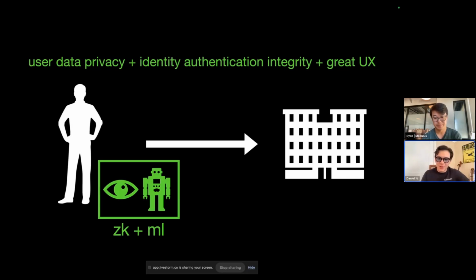So winners all around. This is a win for user data privacy. It's a win for ensuring a really high degree of integrity for Worldcoin in authenticating identity. And finally, it's great UX in that hopefully this whole process is invisible to the user, just happening in the background somewhere. Everyone gets better security while maintaining privacy.